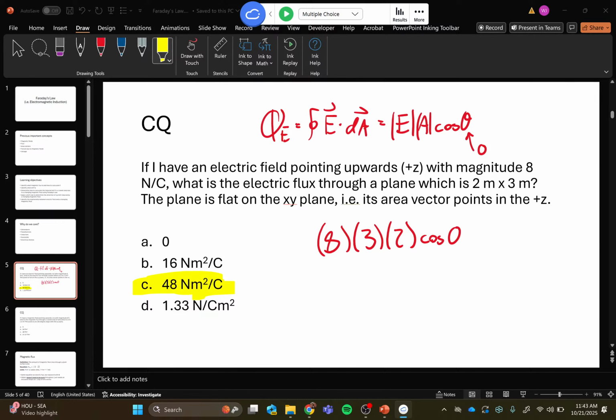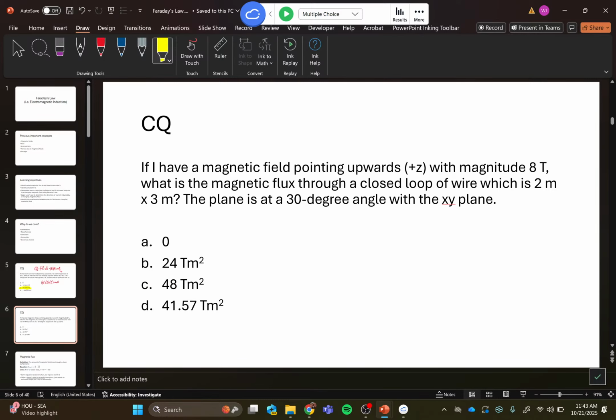We got enough time, I think. All right, find the magnetic flux. Same system. 8 Tesla field, which is a ridiculously large number, but I want to keep the numbers the same. The field is still 2 by 3, but now it's at an angle. Fun fact, if this had been electric, it would have been the exact same process. That's what I'm trying to convince you all. See if y'all can do this angle nonsense.